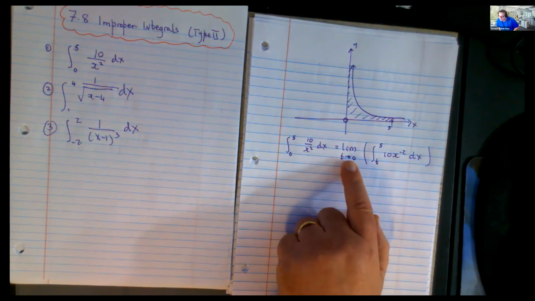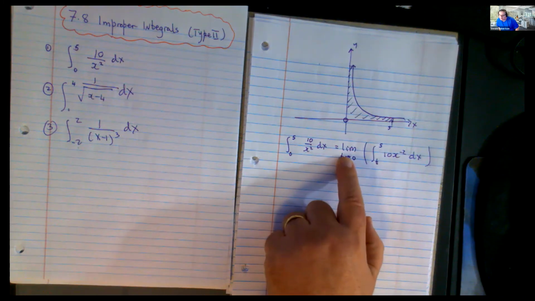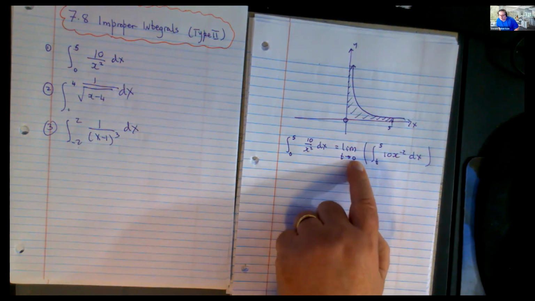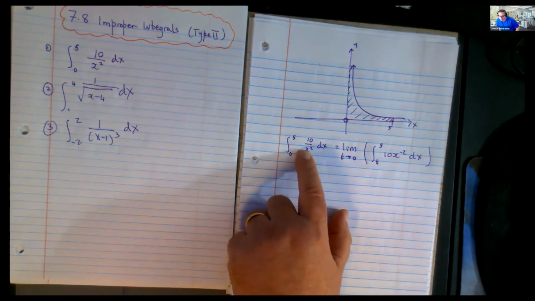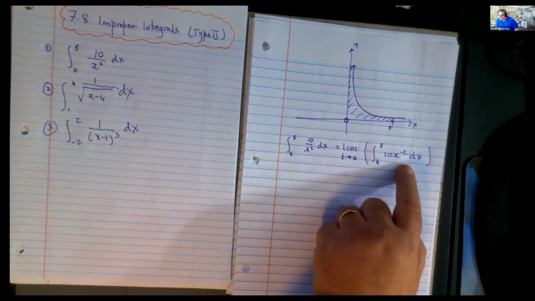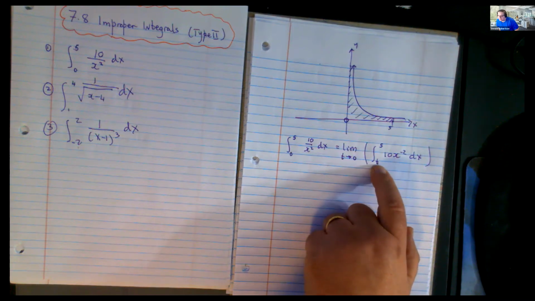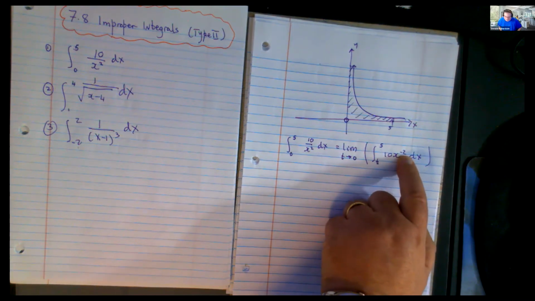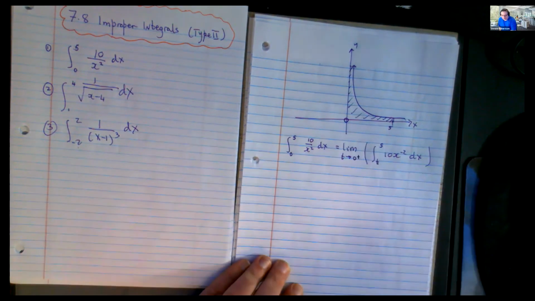If you have a vertical asymptote at 70, this will be t equals 70. So notice that you just replace the value on the integral that's causing you the problem. Would you agree 0 is causing the problem? So you replace it by t. You find a workaround: how can I get the integral while avoiding plugging in 0?